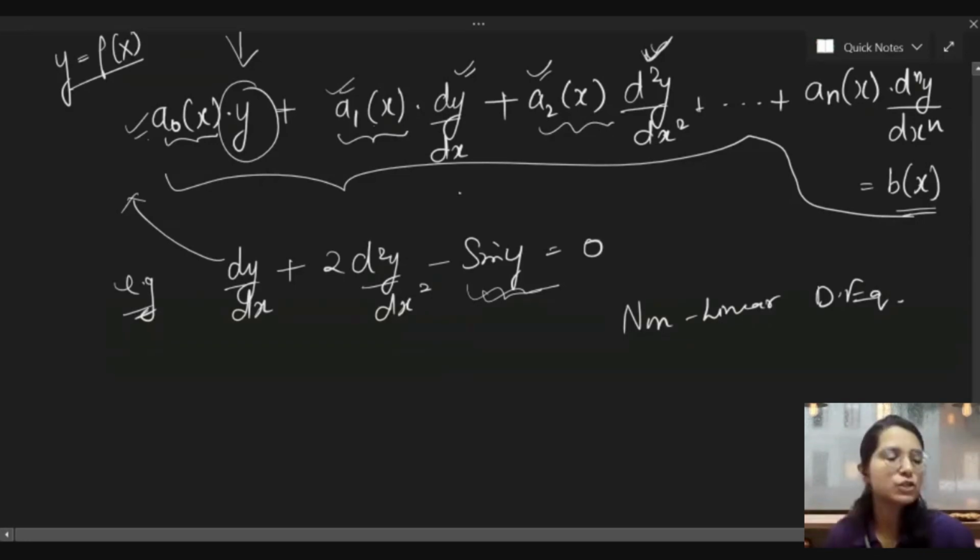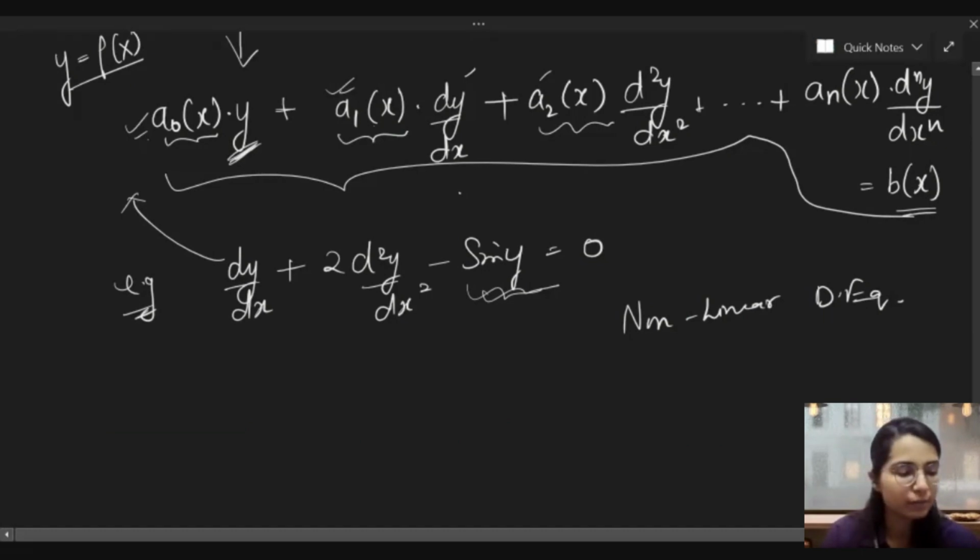Let me read that out for you. A differential equation is linear if the dependent variable and its derivatives are of degree 1. So the dependent variable, y, and all its derivatives are raised to power 1, not more than that. And there shouldn't be any product of the dependent variable and its derivatives.